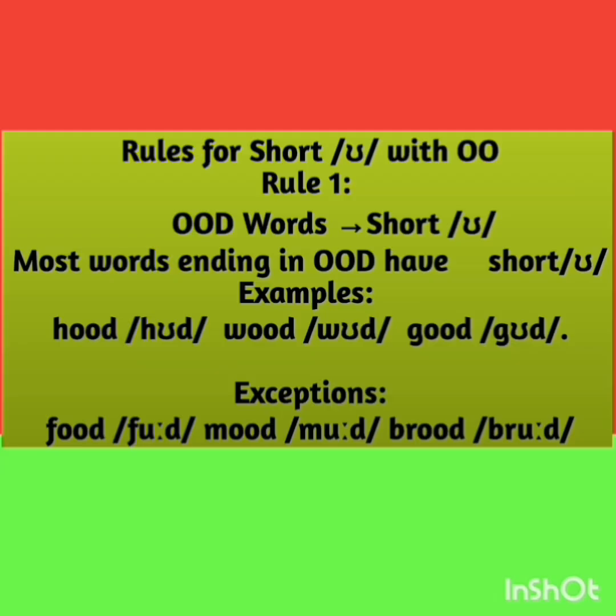These three words are OOD words, but they give long U. Apart from these three words, the majority of OOD words give short U. That is the easiest way to identify short U. OOD words usually give short U.